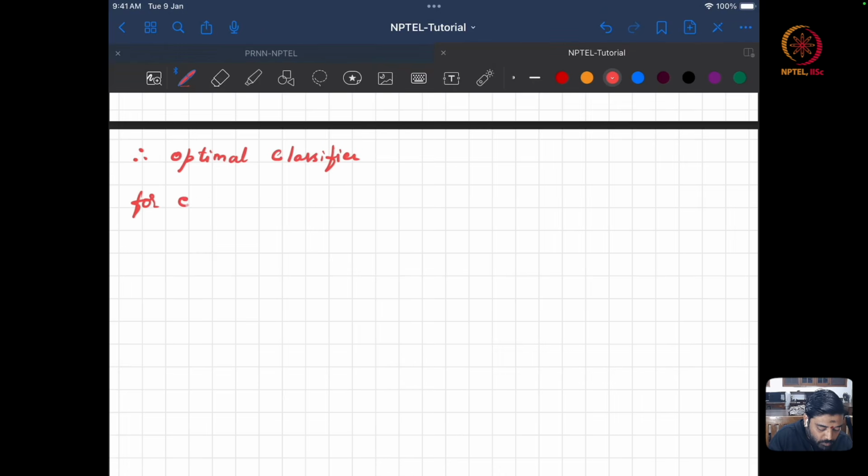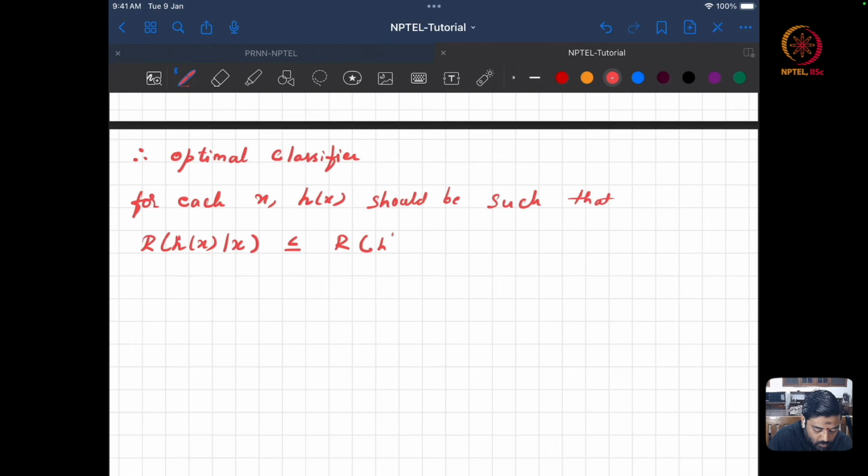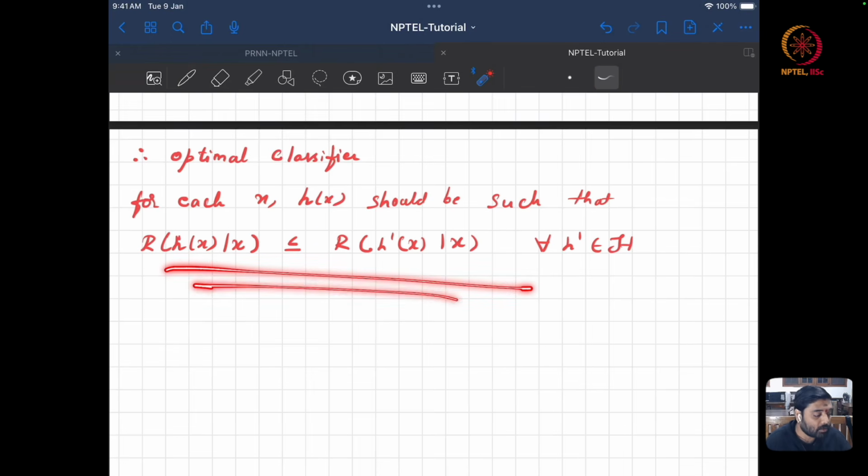For each x, h of x should be such that the risk incurred should be less than or equal to the risk obtained using any other hypothesis function that belongs to the class of hypothesis functions H. This is what we mean by the optimal classifier in this case.